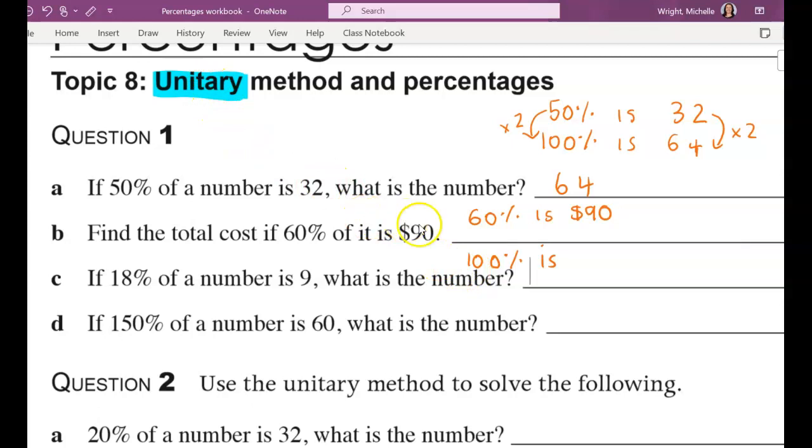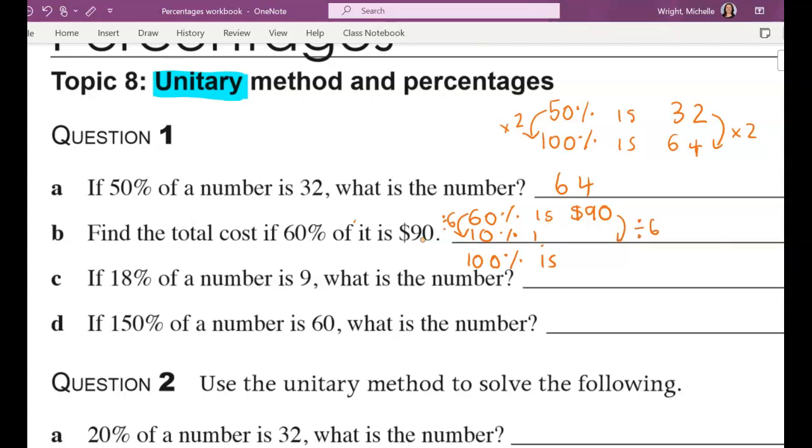But I'm going to use the unitary method, okay? And I'm going to take that down to 10%. Or I could take it down to 1%. And I'm going to take it to 10. And then I'm going to take it back up to 100. So what do I do to 60 to make it into 10? I divide by 6. So I'm going to do the same to 90.